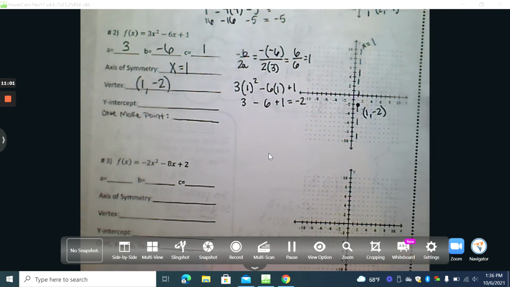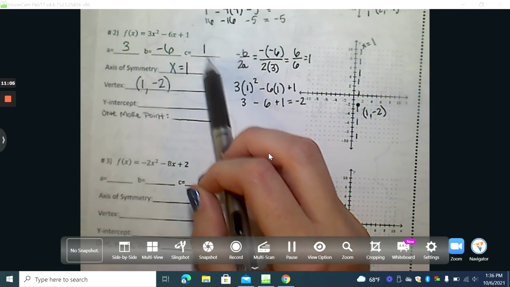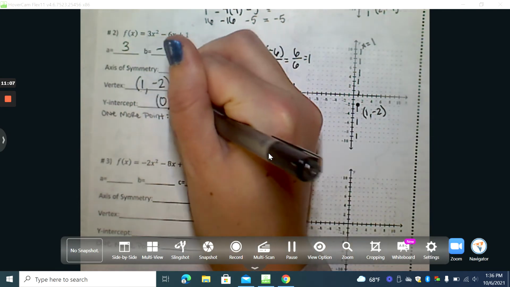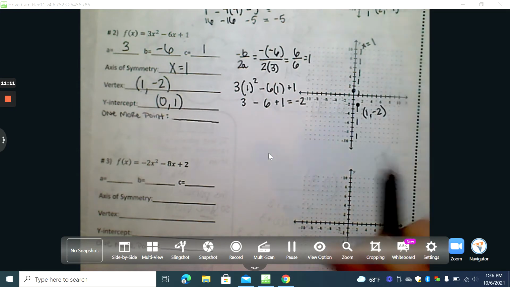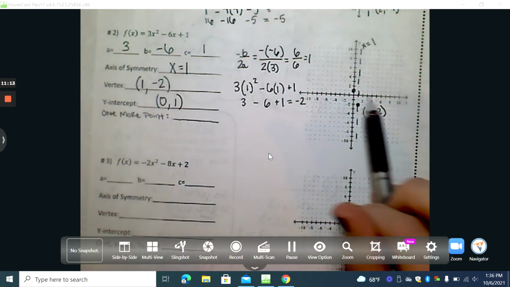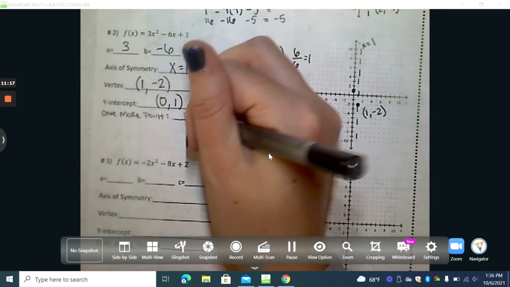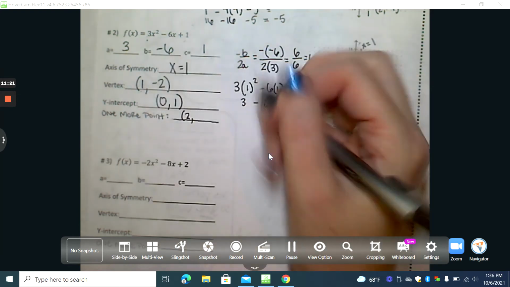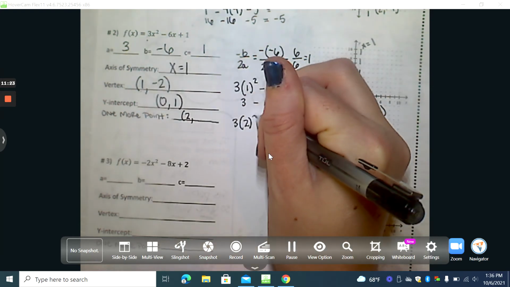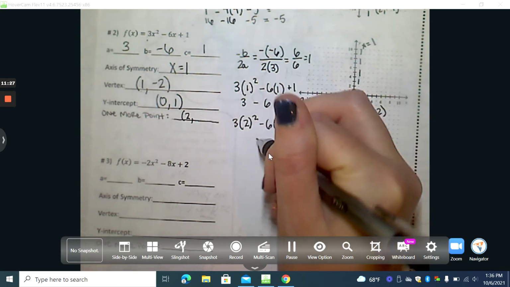My y-intercept is at a positive 1. My c is positive 1, so my y-intercept is at (0, 1), which means that my one other point reflected across should be at (2, 1). Let's see what happens when I plug 2 into that equation. 3 times 2 squared minus 6 times 2 plus 1.